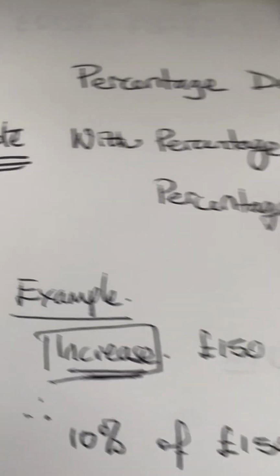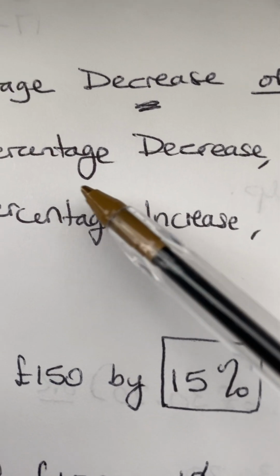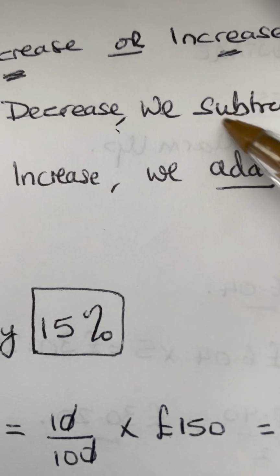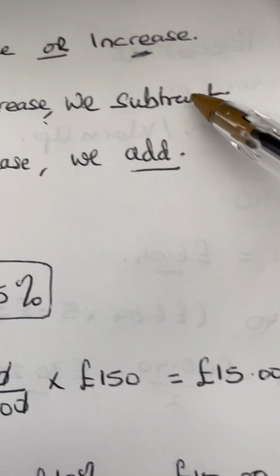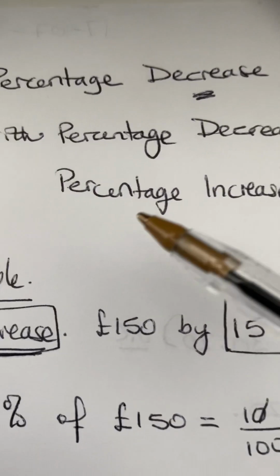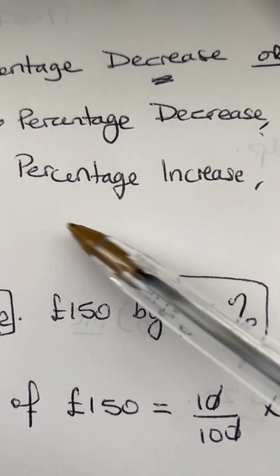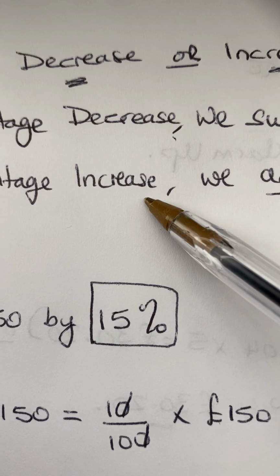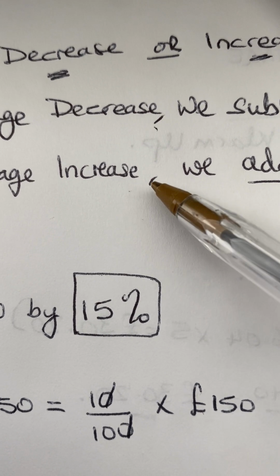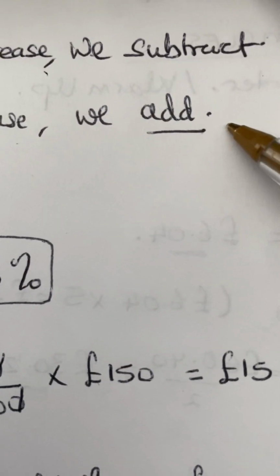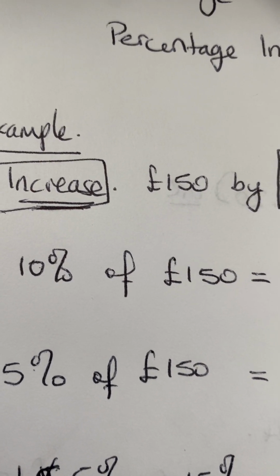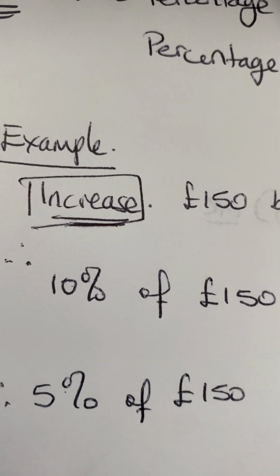If we are asked to find percentage decrease, whatever value we get, we finally subtract. If we are asked to find percentage increase, whatever we find for the increase in percentage, we add the value. Okay, so let's quickly look at an example with what I've just explained in mind.